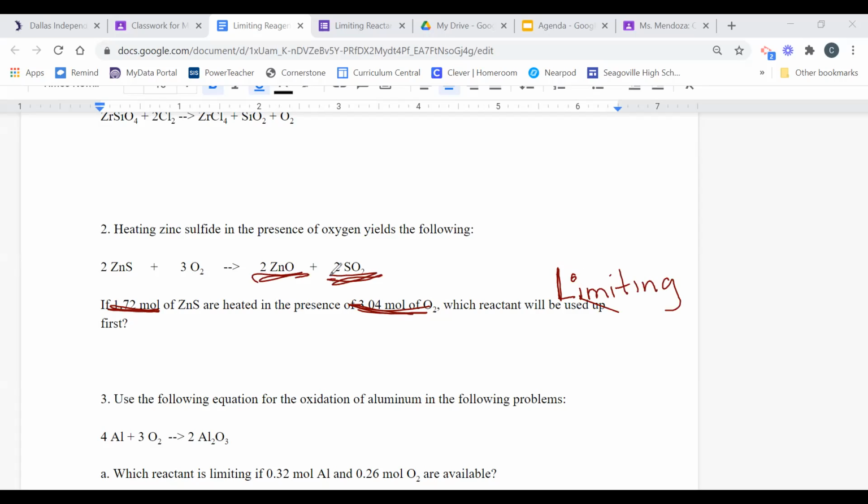For example, I'm going to start with 1.72 of zinc sulfide, and then do a mole ratio. How many moles of zinc sulfide do I have in the formula? 2? No, 1.